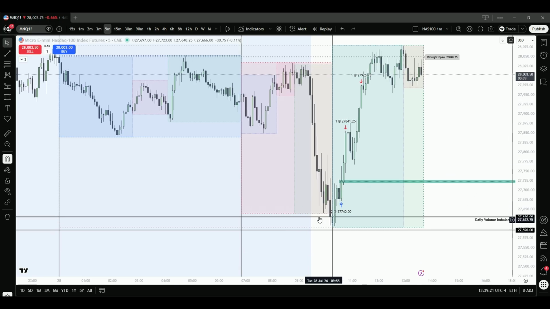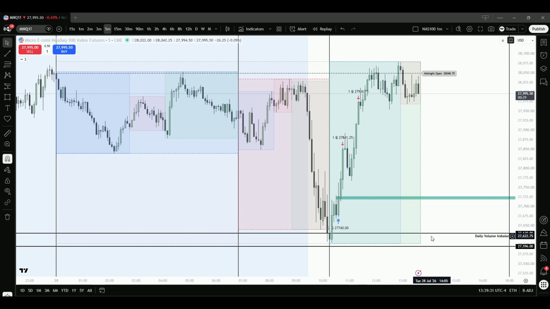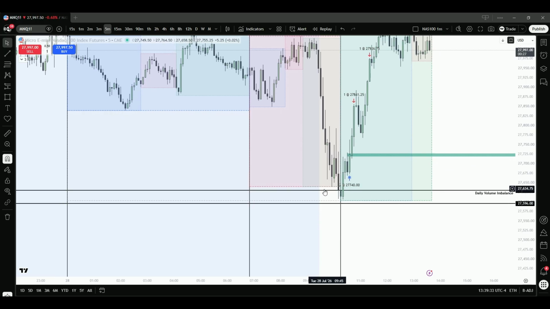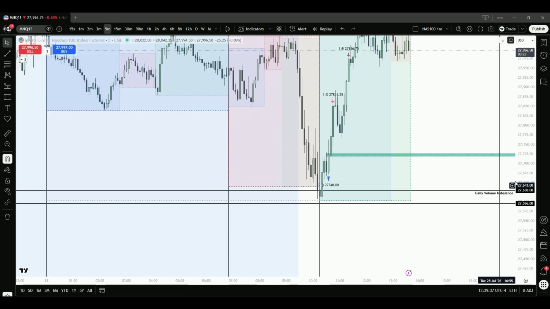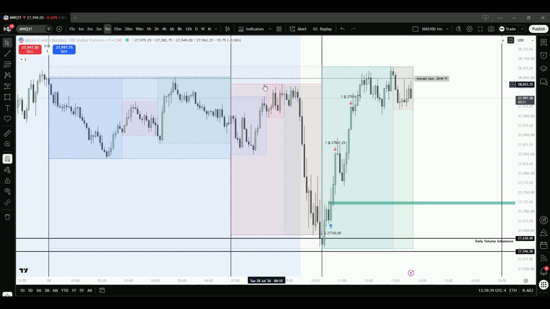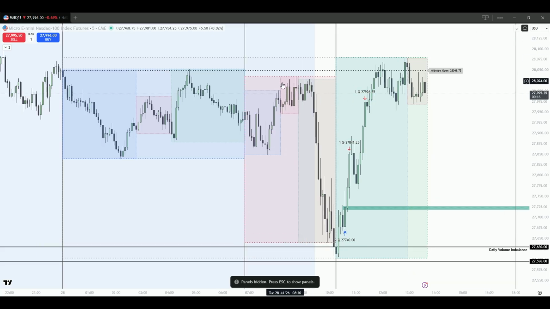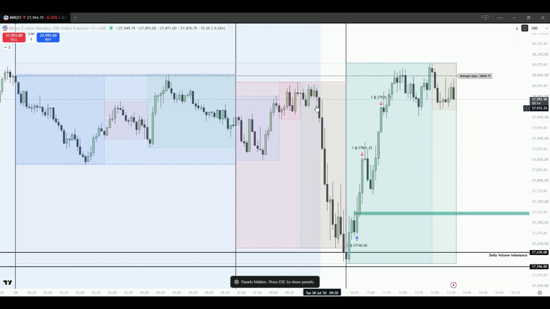Once again, during the manipulation phase, we have printed the low of day. You see it here, and since then we are moving up. What's fascinating to see immediately is where we started dropping here. Let me make it bigger.